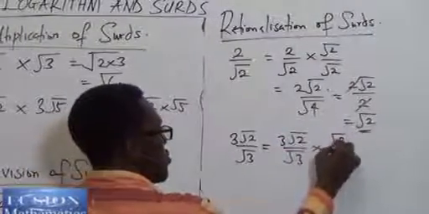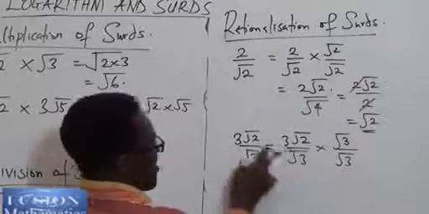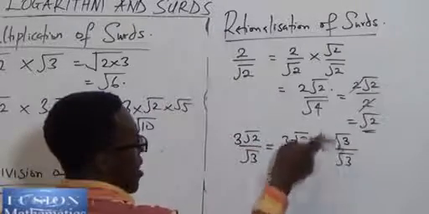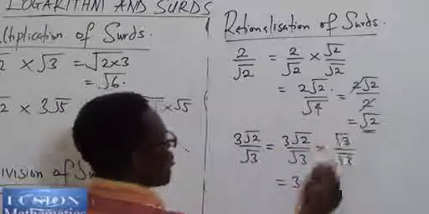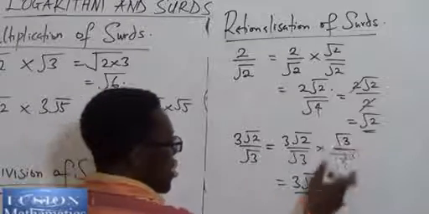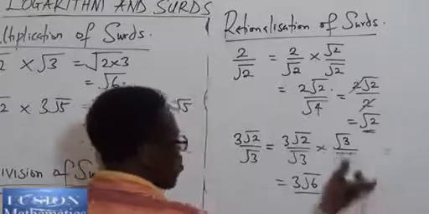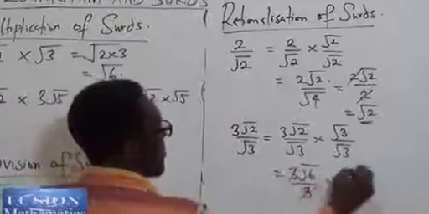So that will be root 3 times root 3. When we multiply, 3 multiply 1 is the same thing as 3. Root 2 multiplied by root 3 will give us root 6. Then this multiplied by this, we already know it will give us root 9, which will give us 3. So this will cancel this and we have root 6.